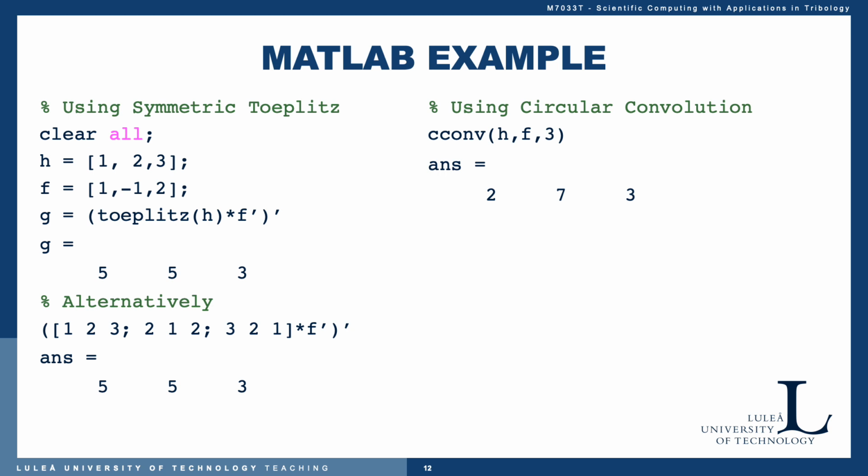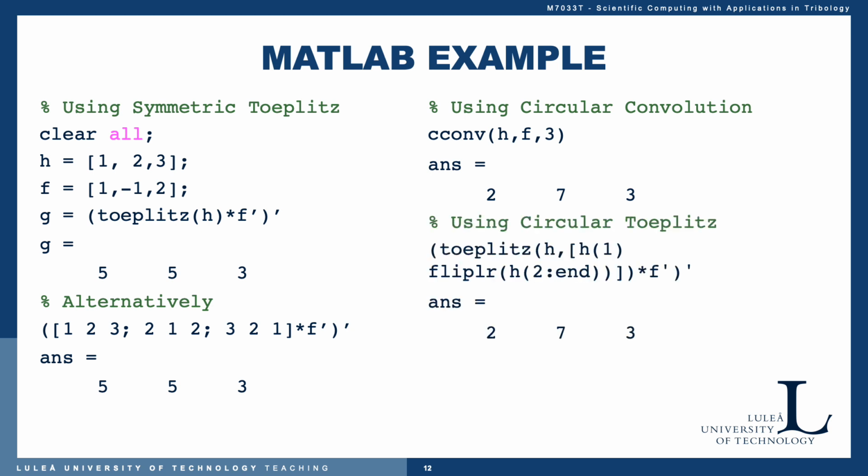If we use the circular convolution example, in this case, we already know the answer would be 237, and it's, of course, quite different from 55. Did I say 237? 273 should have been. And then it's very different from 553, of course. So using circular templates is actually also a possibility.